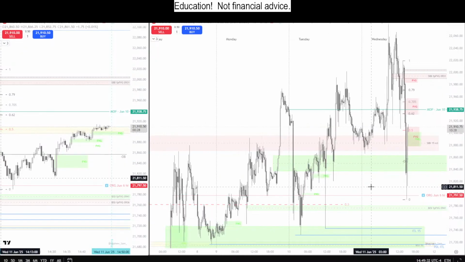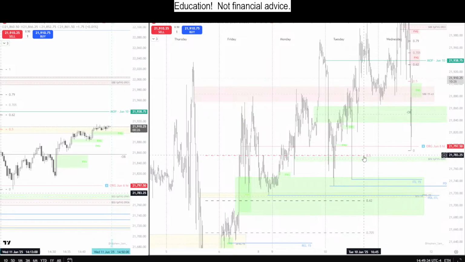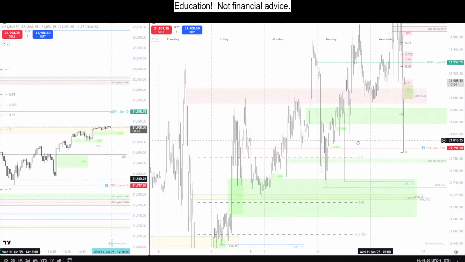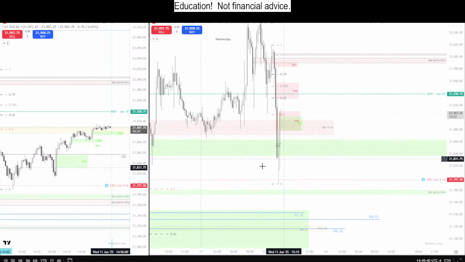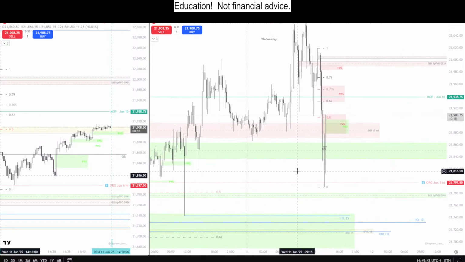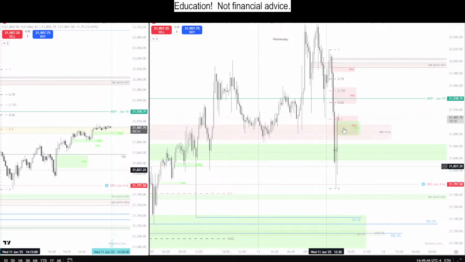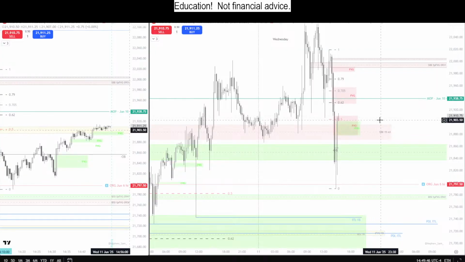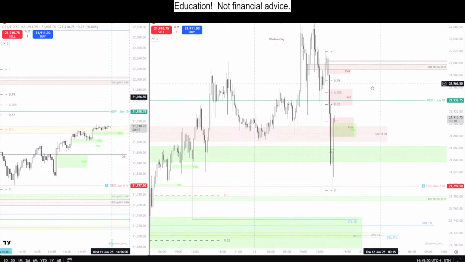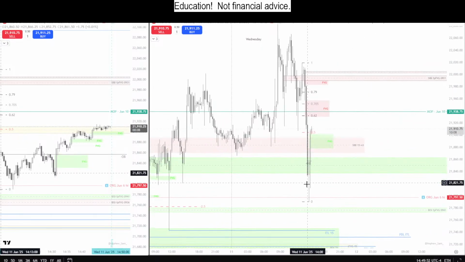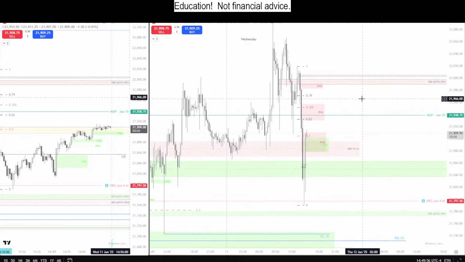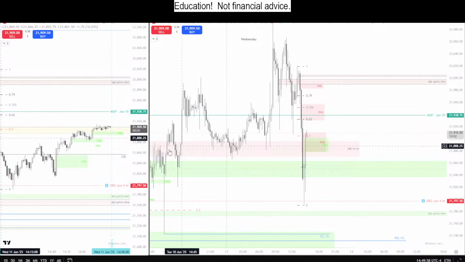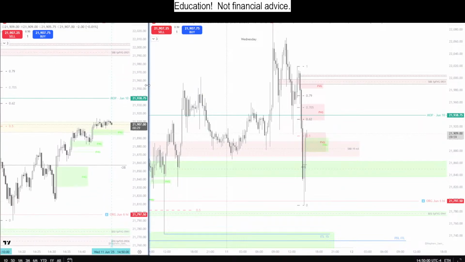And remember, on the higher time frame, we're still in premium. So I still think that in the bigger picture, we should look for shorts. The bigger trades should be shorts. As long as we're below 79% of this range, any long should be very tightly managed.